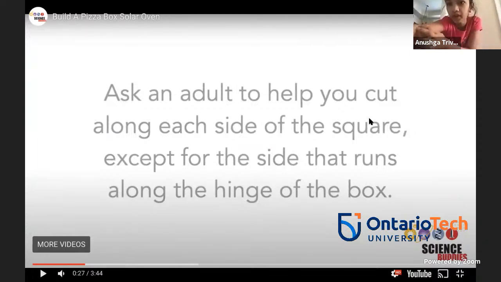Wait, how do we do that? Do we just cut the flaps? So you see the lid of my pizza box here? We want to draw about a 1-inch thick border around, and that's where we're going to cut in a little bit. We're not cutting everything, so don't cut it just yet. Just draw the border.